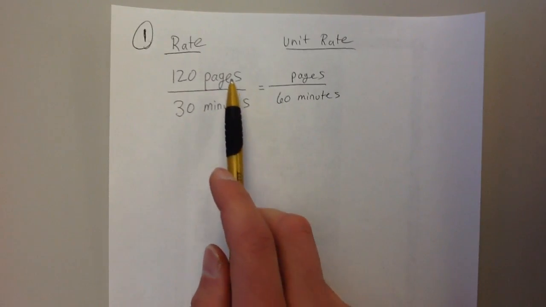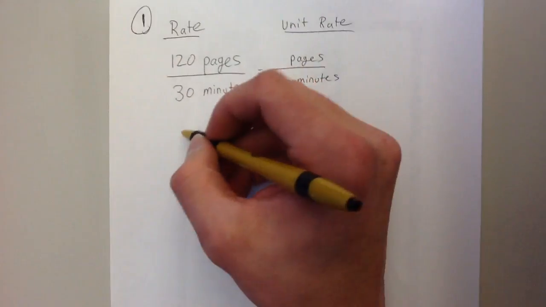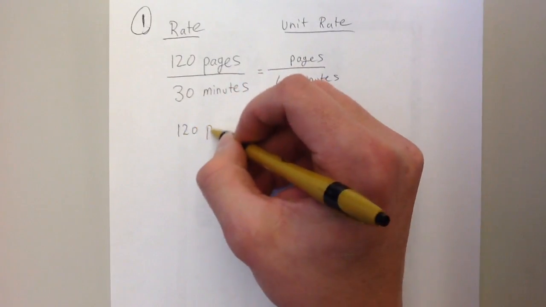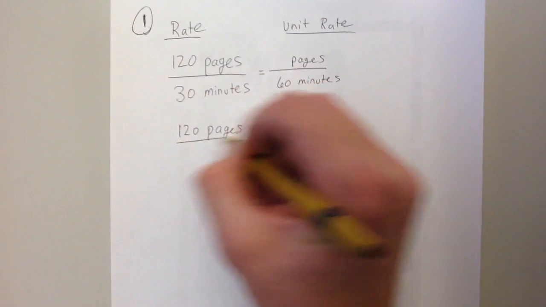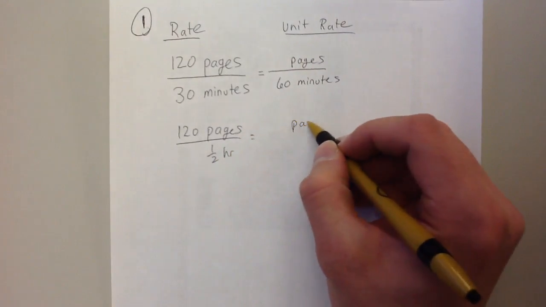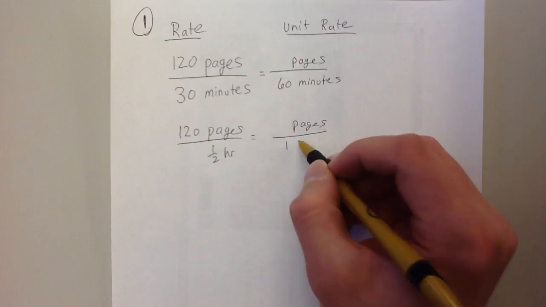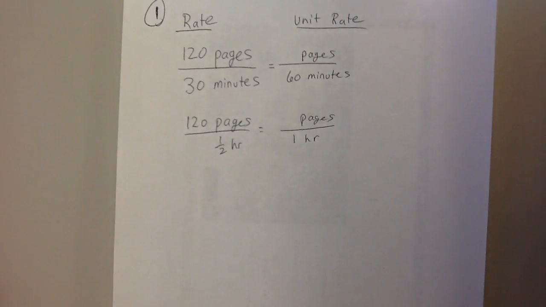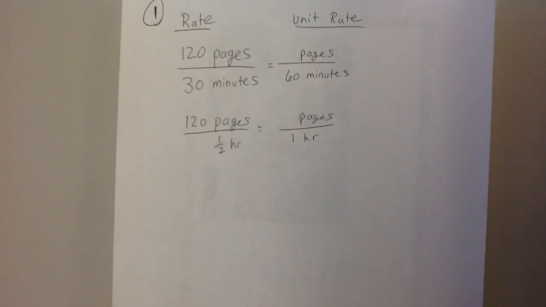So we can set it up by pages per minute, or we could do pages per hour, right? 120 pages per 1/2 hour, and we want how many pages in 1 hour. Okay, both of these are the exact same thing. We're just using minutes here and hours here, obviously.